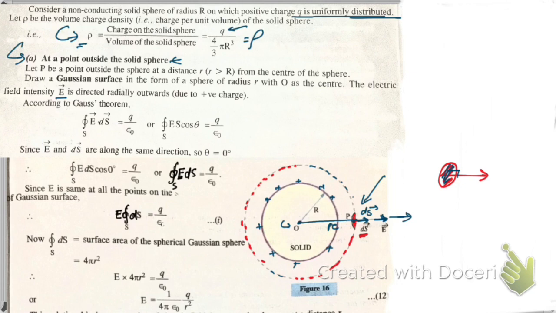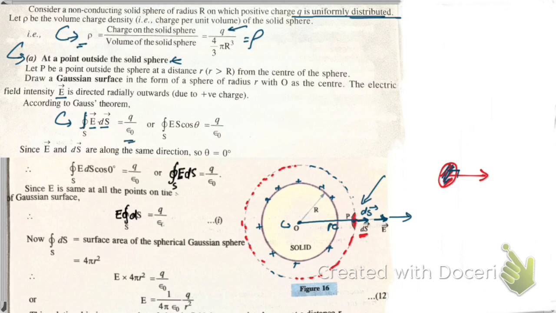Now according to Gauss theorem, the electric flux, that is the surface integral of E vector dot ds vector, is equal to 1 by epsilon naught times Q. That is what we have got here.